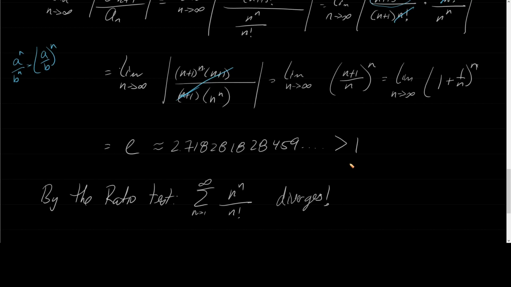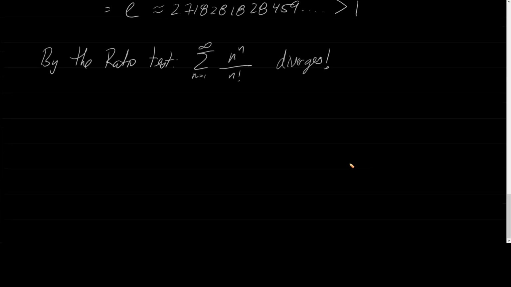All right, next. So that was C. Now D. Let's say that we have the series from n equals 1 to infinity of n factorial squared over 3n factorial.